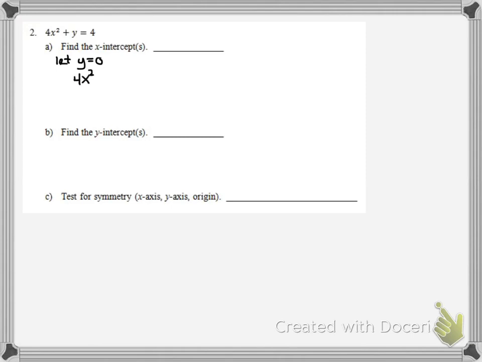4x squared plus 0 equals 4. Of course, that left-hand side is the same as 4x squared equals 4. I'm going to divide both sides by 4. That reduces to 1, so we get x squared equals 1. Now, I've said it lots of times.